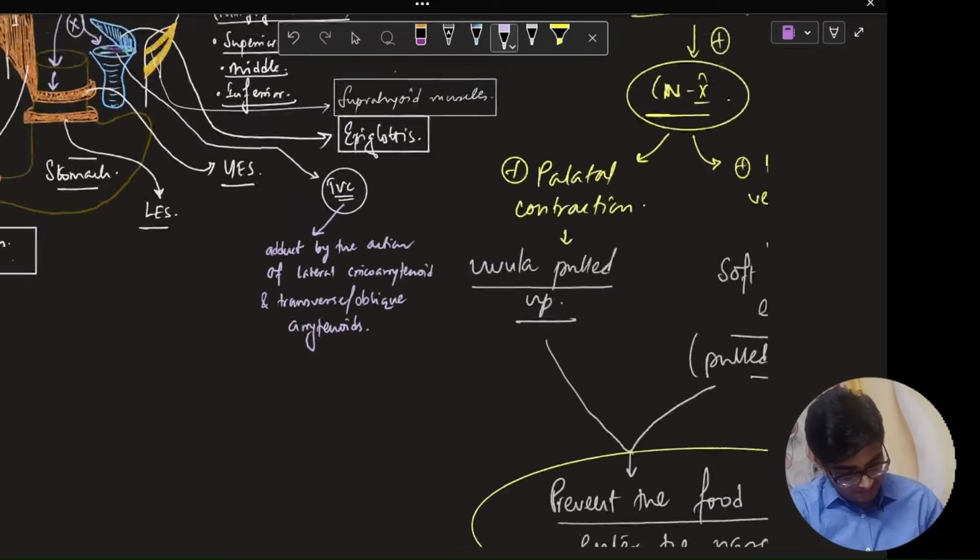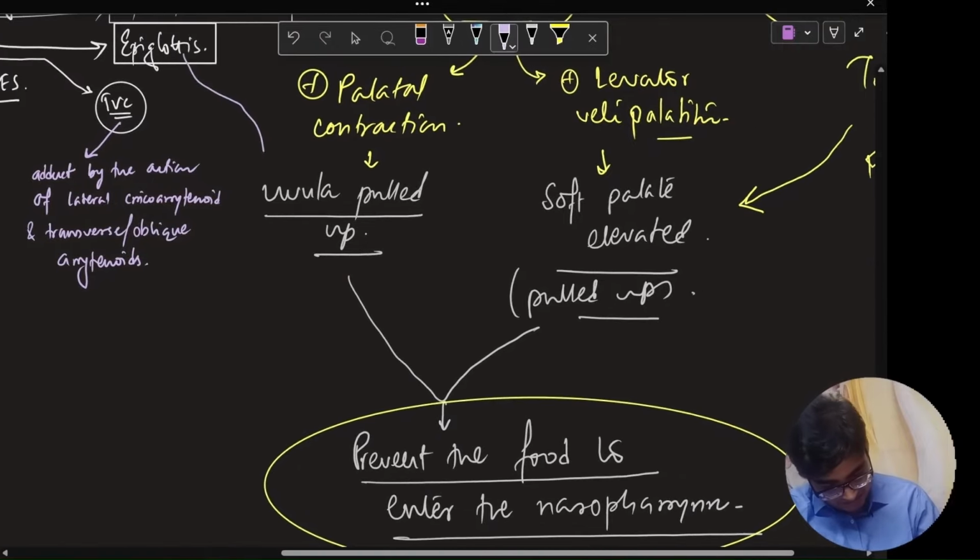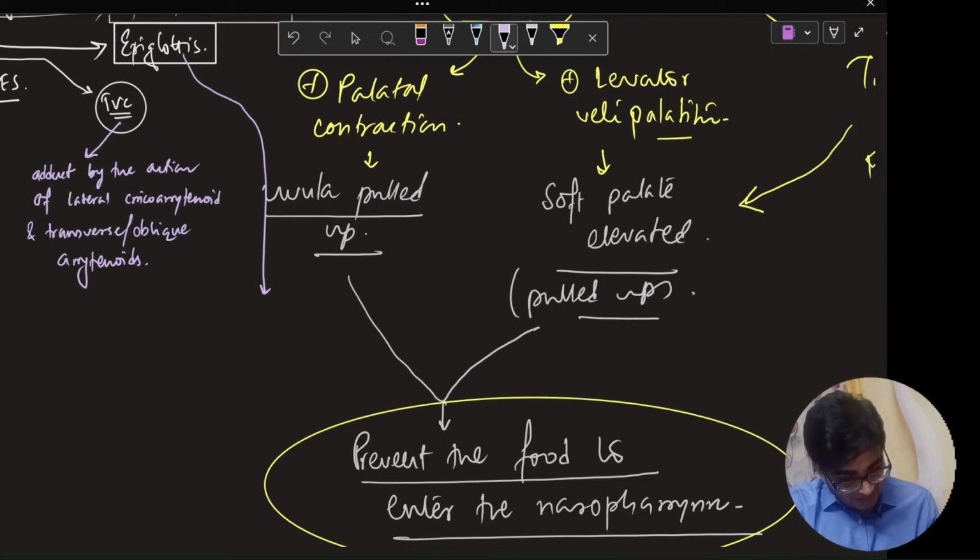Next one also is the epiglottis. So what is being done to the epiglottis? The epiglottis is getting retroverted.